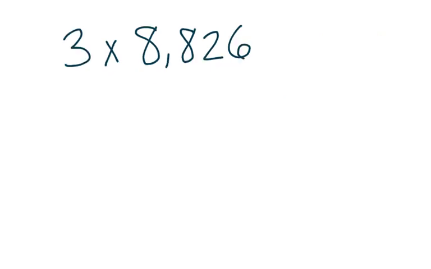And last one I want you to try. You have 3 times 8,826. Go ahead and give this problem a shot. Round to your thousands place, and then find your estimated product. When I round this number to my thousands place, my neighbor is an 8, which is going to cause me to add one more. 5 or more, add one more.